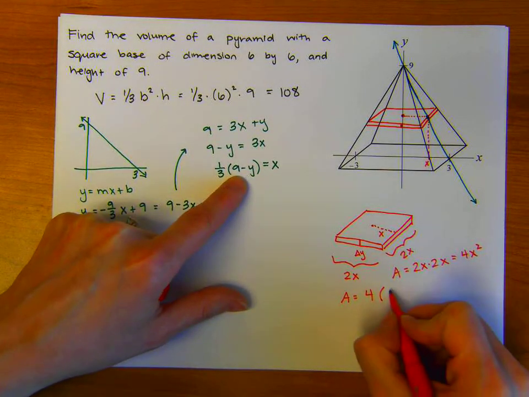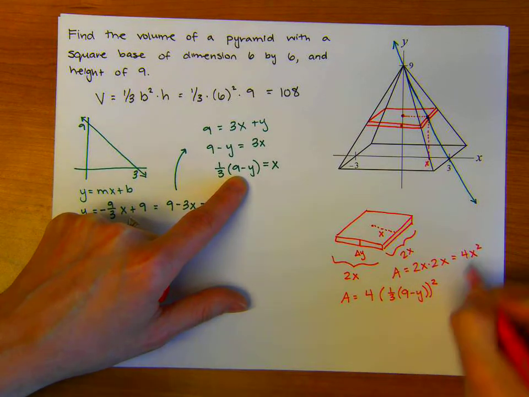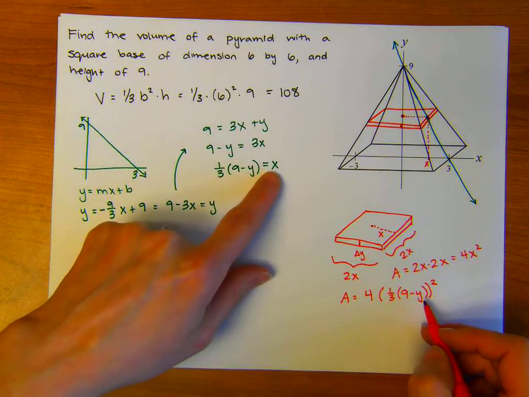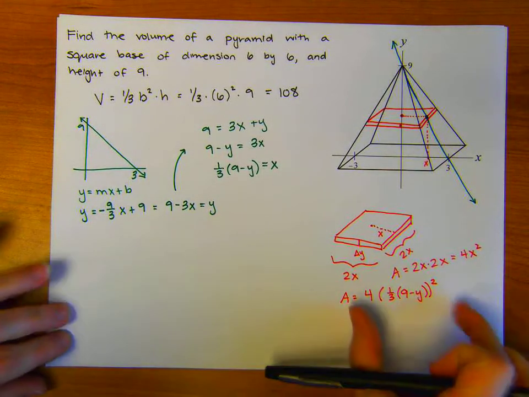x is 1/3 of 9 minus y, and we'll take that and square it. Okay, so again, this was x. We solved x in terms of y because the widths of those cross-sections are changes in y. So this is the thing that we want to integrate.